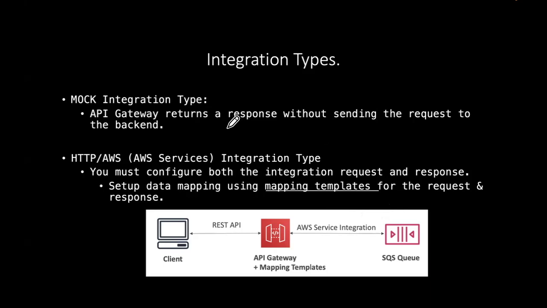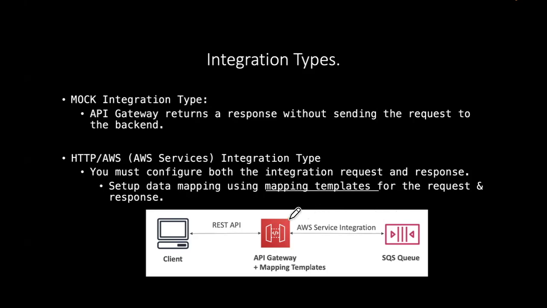Presumably, when you're creating your web API and setting it up, you want to do some primitive or preliminary testing of it, and maybe the backend isn't ready yet, it hasn't been developed yet, or you don't want to integrate them fully yet.